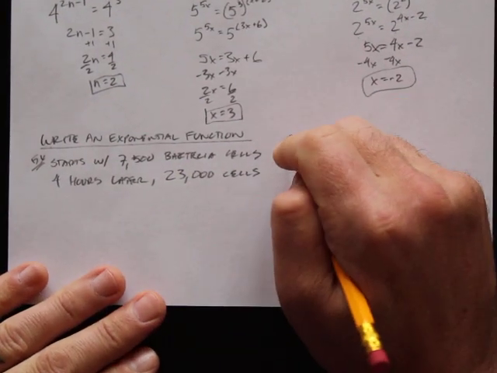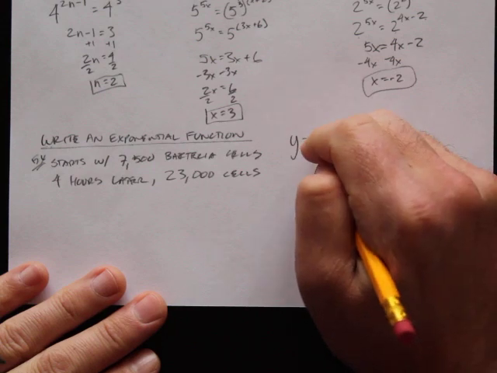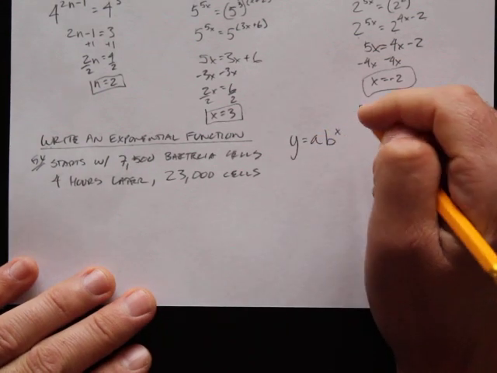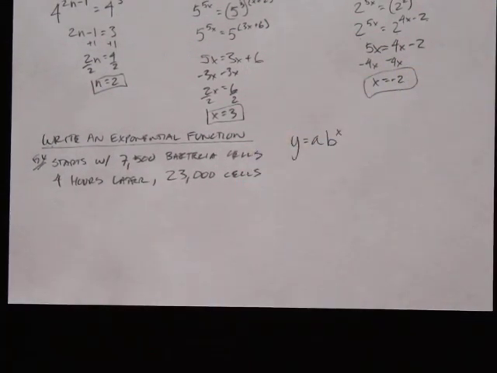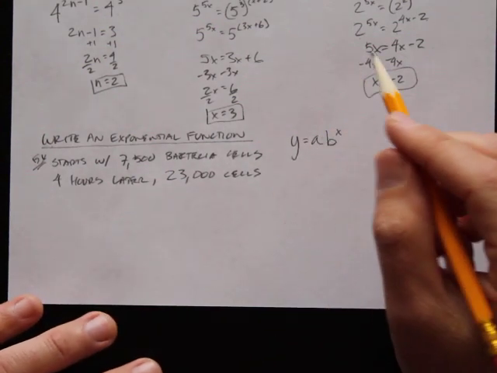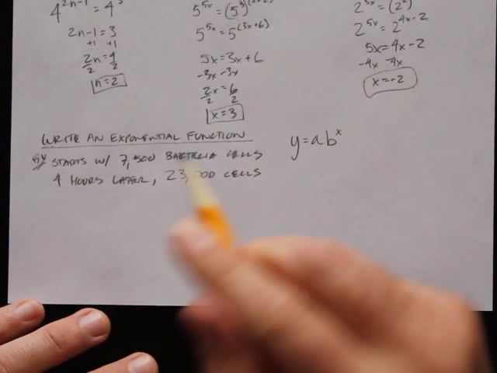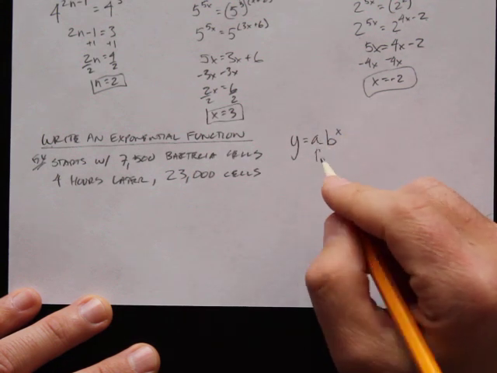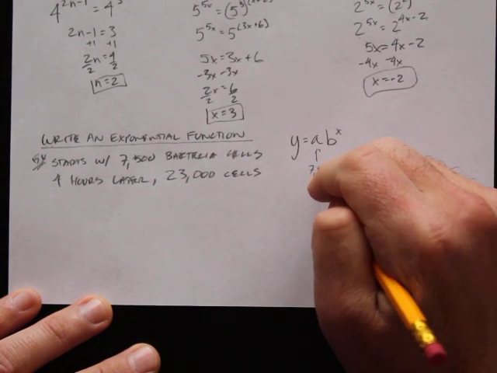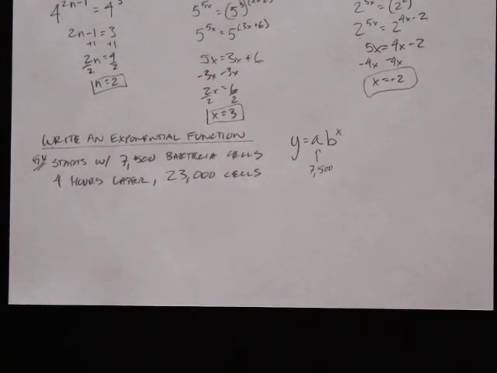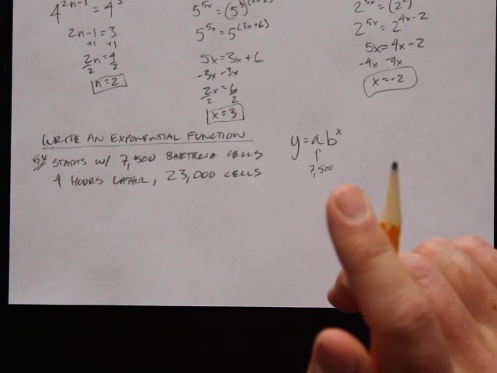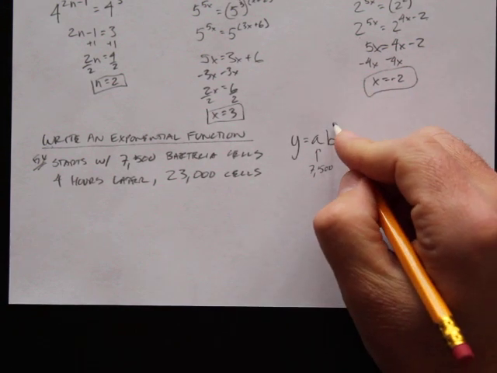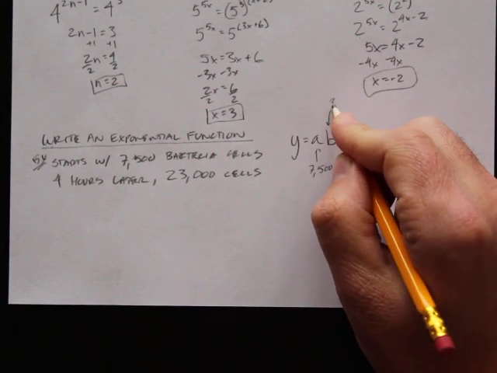So we're going to start with y equals a times b to the x power. Okay, so a is our initial amount. So we know that that's going to be 7,500. All right, now what we need to do is try to find out what is b.